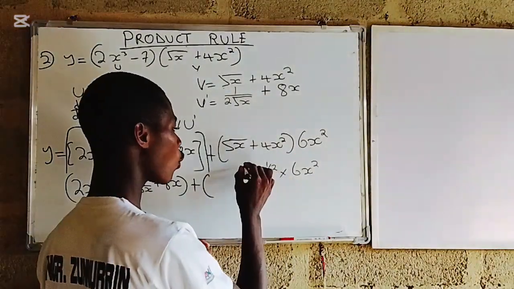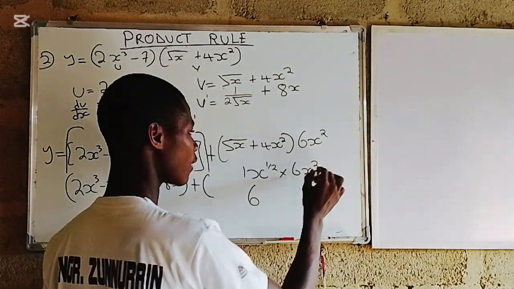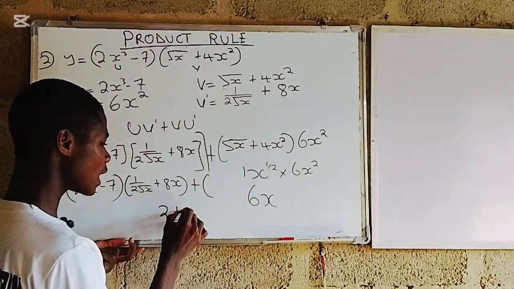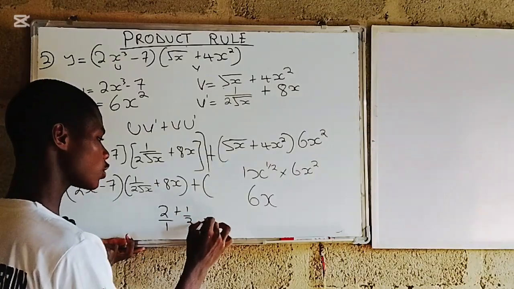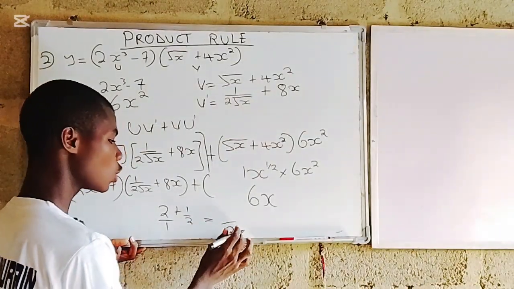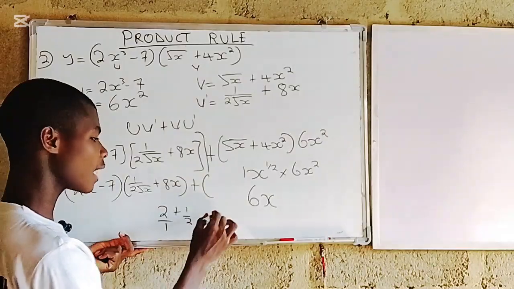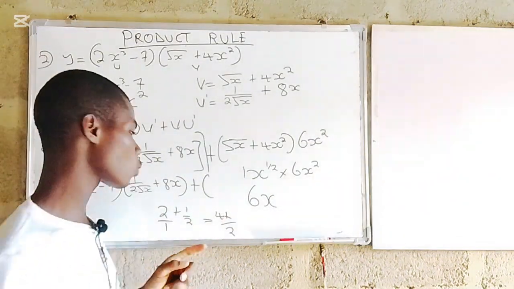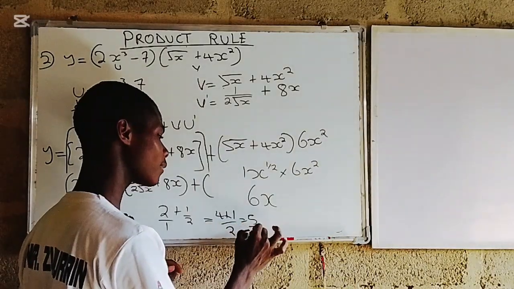So I have to say the coefficient here, which is 1. So I have to put x and add the powers. So 2 plus 1 over 2, guys. This should now give me the LCM, which is 2 into 1, 2 multiplied by 2, which is 4, plus 2 into 2, 1 multiplied by 1, which is 1, and it's the same thing as what? 5 by 2.